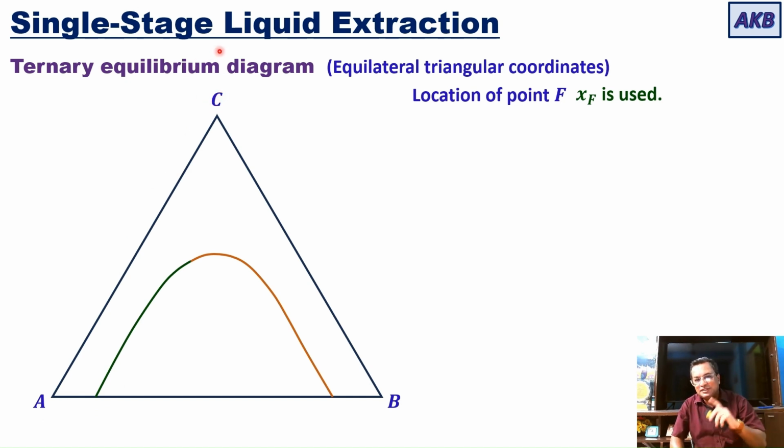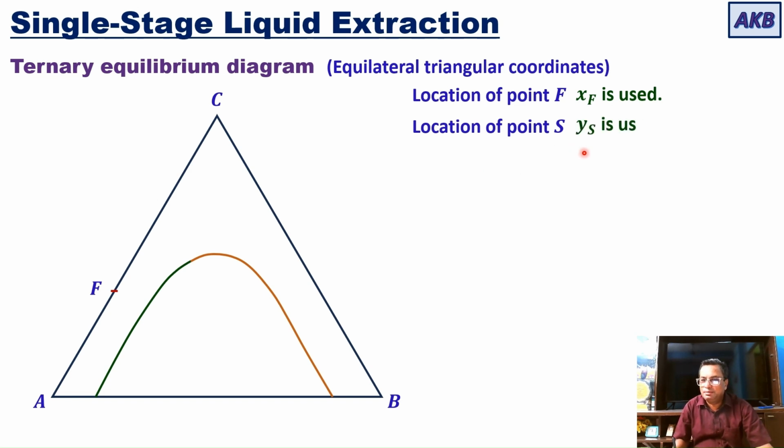So I will locate point F with the help of XF. Then I will have to locate point S. Point S will be located based on the value of Ys.